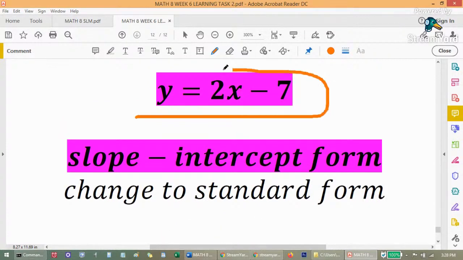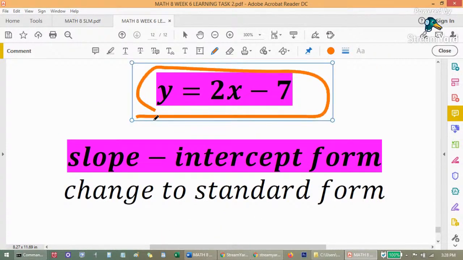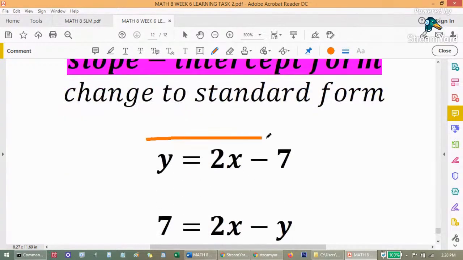So, kokopyahin lang natin to. Ito yung pinakahuling equation na walang fraction. Y is equals to 2x minus 7. Positive ang x term natin. So, yung y ang ililipat natin sa kabila.